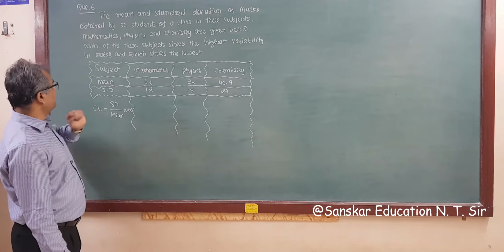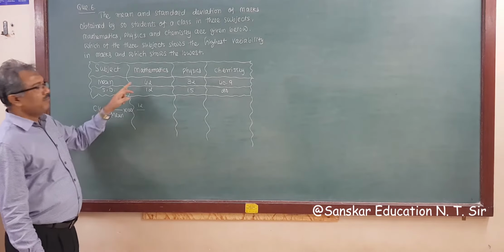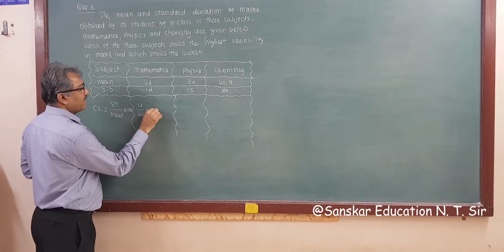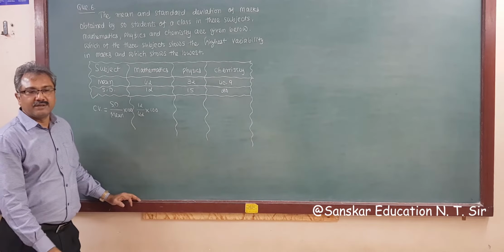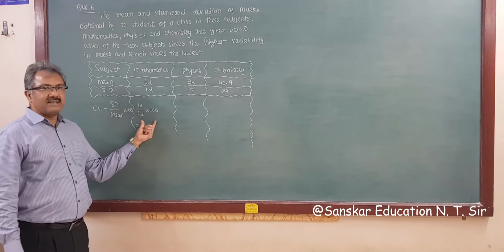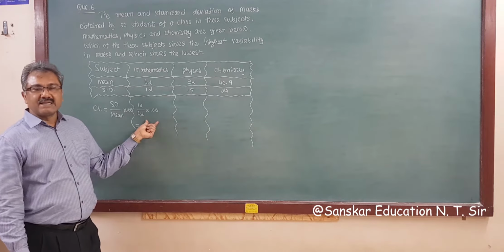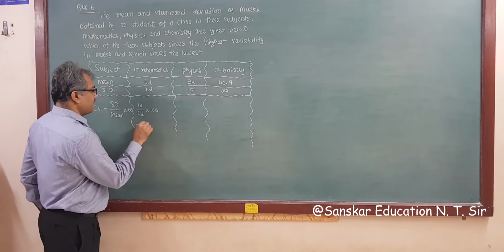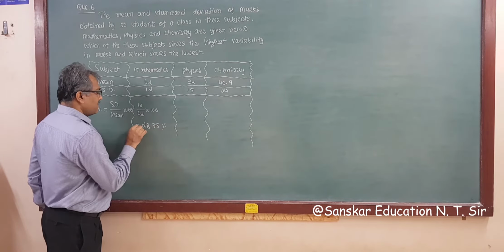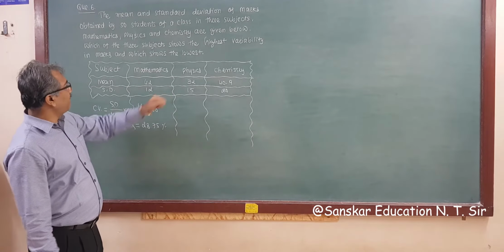So for mathematics, the standard deviation is 12 and the mean is 42, so the calculation is 12 upon 42 into 100. If you calculate this using a calculator, you will get 28.57%. Because we are multiplying by 100, we have to write percentage here. Now CV for physics.